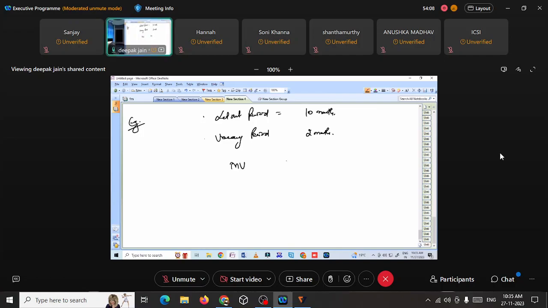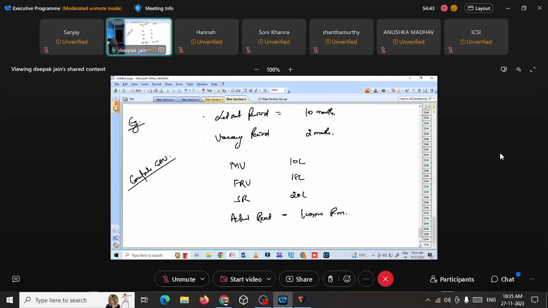Municipal value 10 lakh, fair rental value 18 lakh, standard rent 20 lakh, actual rent 1 lakh per month. Compute GAV.